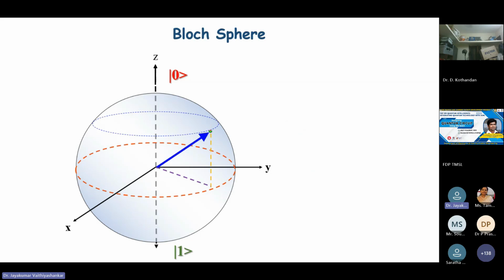So we have an electron or any quantum particle as the green dot. What we do, we try to create a vector from the origin. This vector is called the quantum state vector. With the help of the quantum state vector, we can know information about your quantum particle.